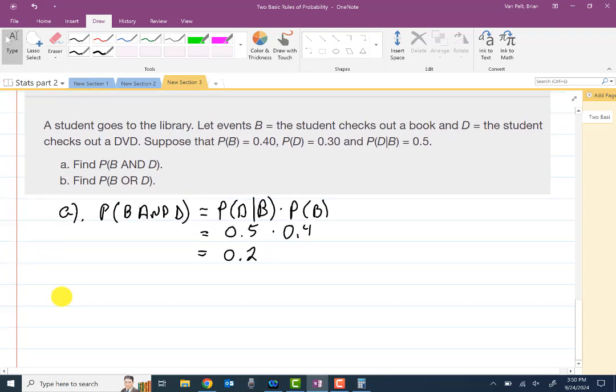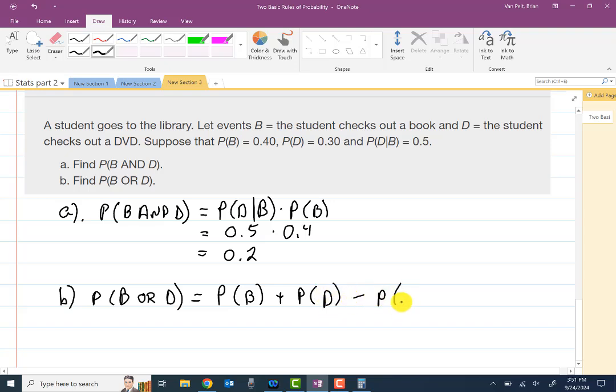And then for the second piece, the probability of B or D equals the probability of B plus the probability of D minus the probability of B and D. So the probability of B is 0.4. The probability of D is 0.3. And now from the first part we figured out this part is 0.2, and we end up with 0.5.